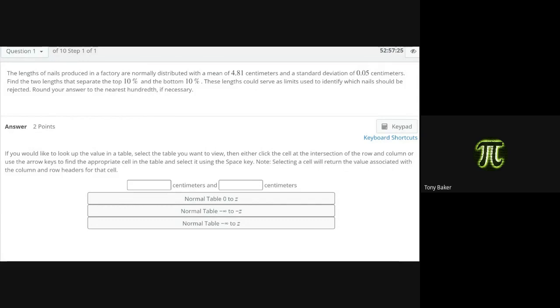All right, so you got the mean of 4.81. It's got a standard deviation of 0.05. And we're looking at the top 10% and the bottom 10%. We want the numbers that are going to separate the top 10% and the bottom 10%, right?